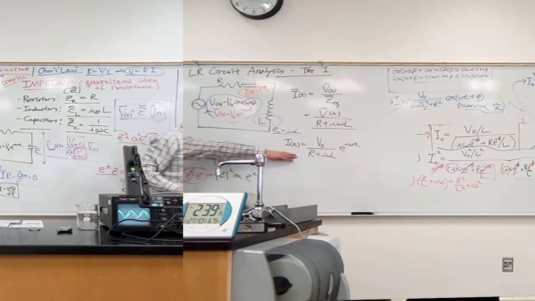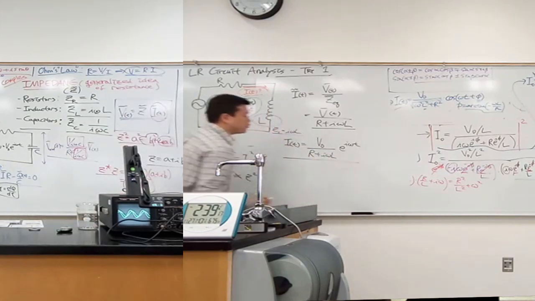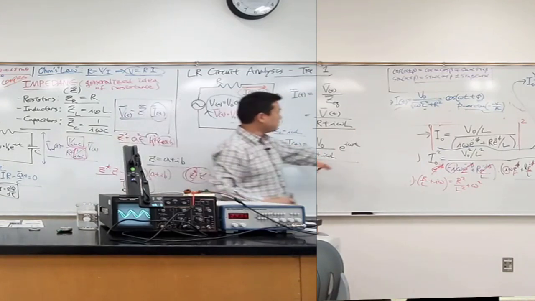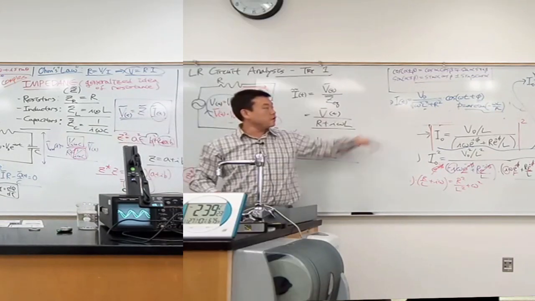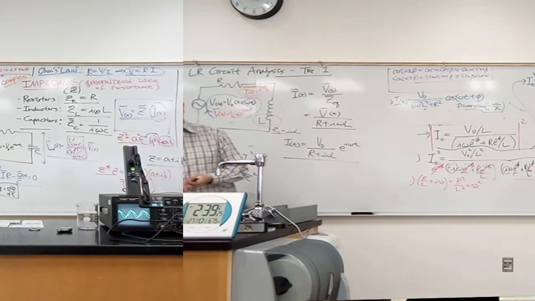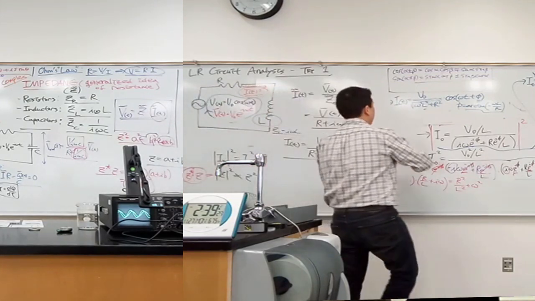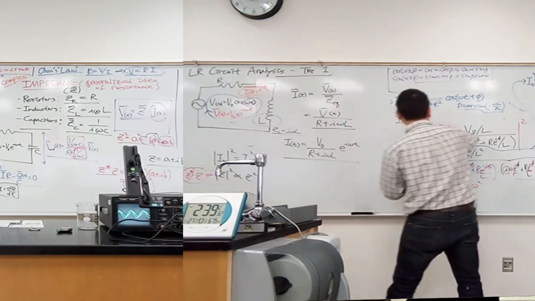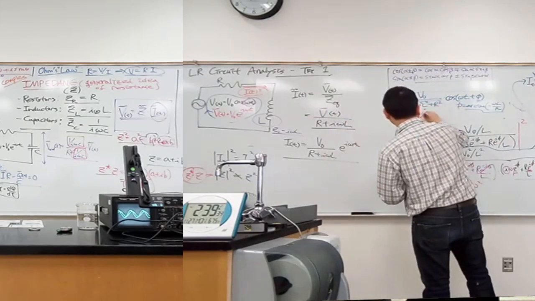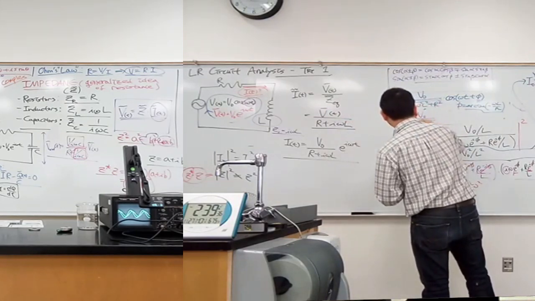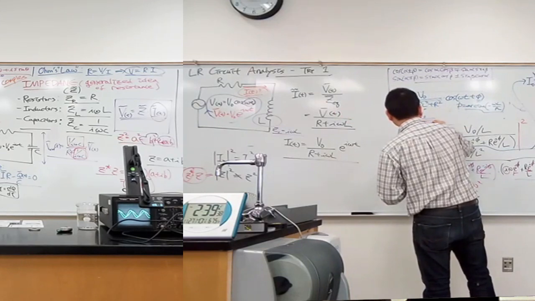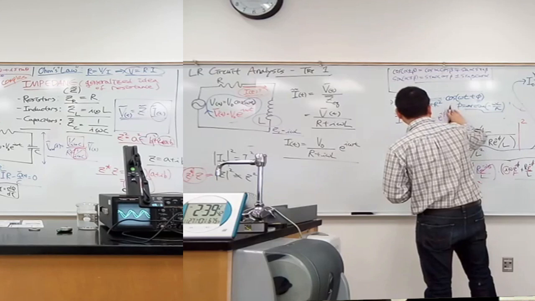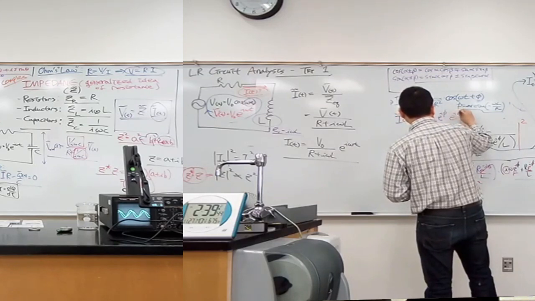Now, staring at this, it may not look to you like this answer is equivalent to the other thing that we wrote down before, that I as the complex function is equal to I naught, which was V naught over square root of omega squared L squared plus R squared, times e to the I phi times e to the I omega t.